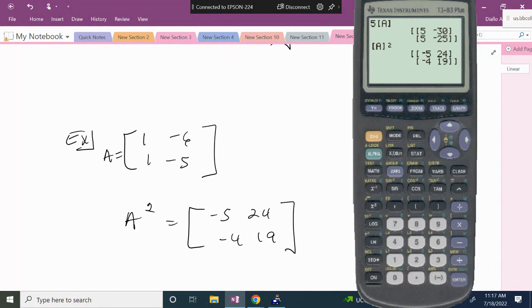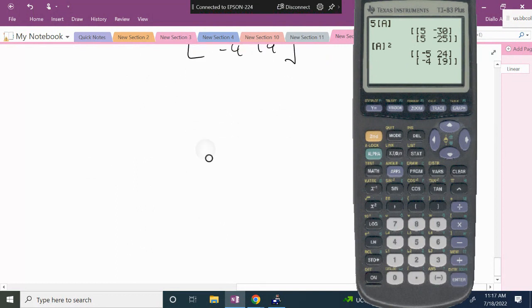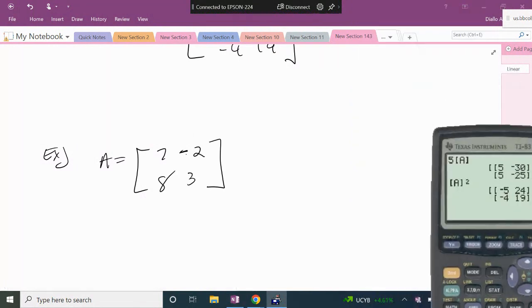And then we'll do one more. We could also multiply matrices. Okay, this is similar to number 8. So we have A is equal to 7, -2, 8, and 3.